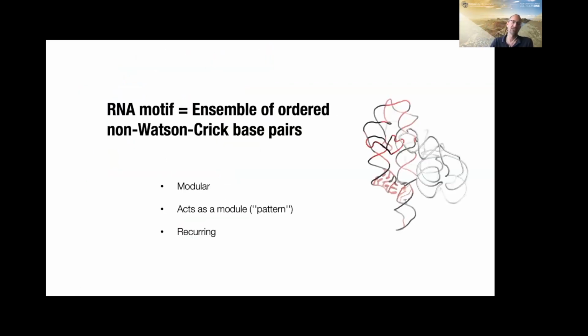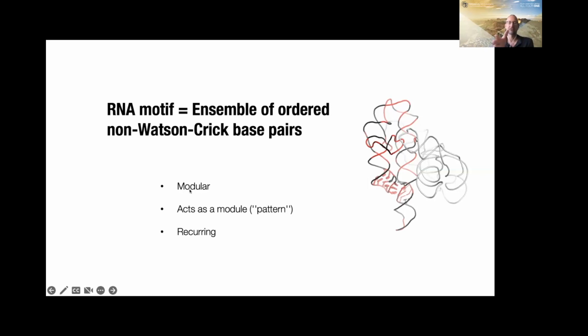So this RNA motif or pattern, the definition is this: it's an ensemble of ordered non-Watson-Crick base pairs. Because remember, it's mostly what's in between the Watson-Crick paired regions. So it's very modular.